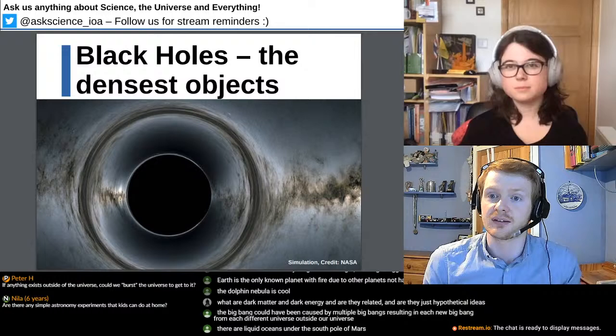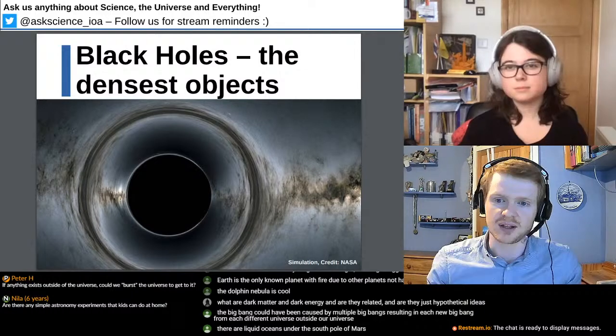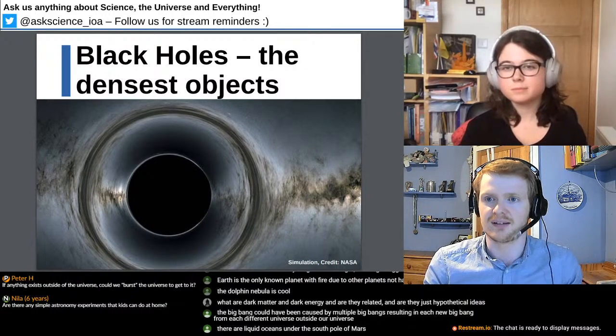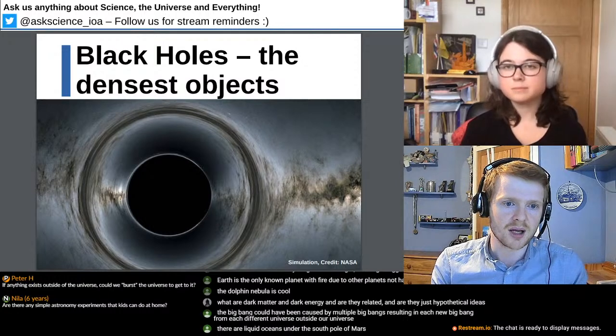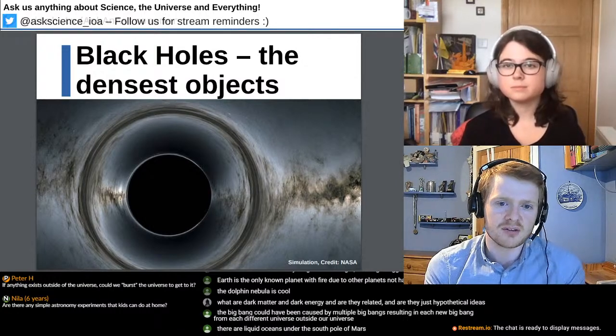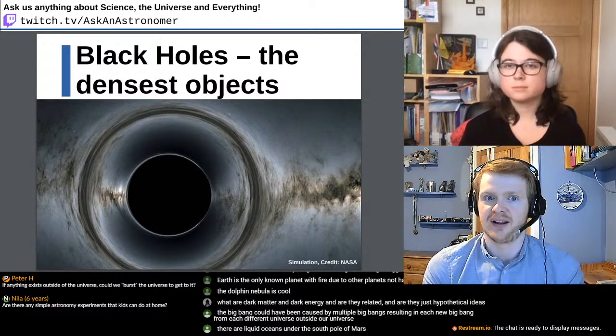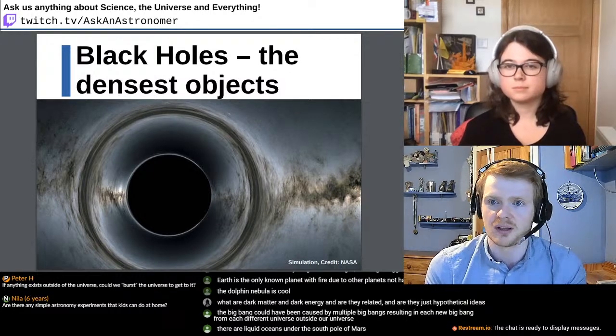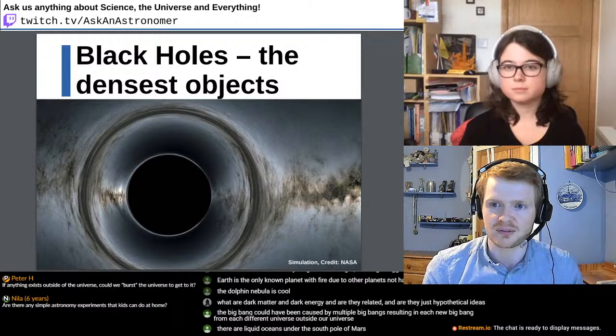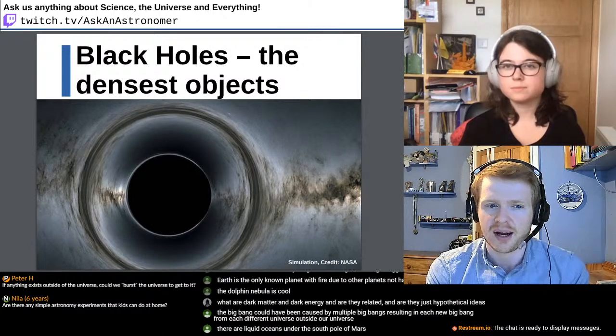Nothing can go faster than light in the universe, and the gravity there is so strong that light itself can't get out. But Hawking radiation provides a way for black holes to actually lose mass over time and evaporate, which seems impossible. If nothing can get out of them, these so-called eternal prisons, how can they evaporate?